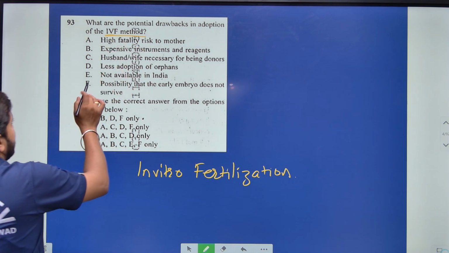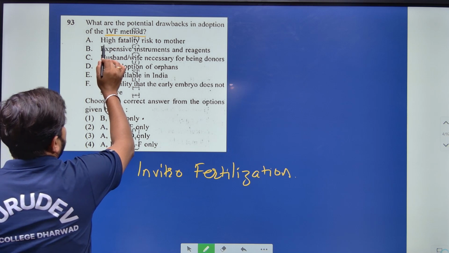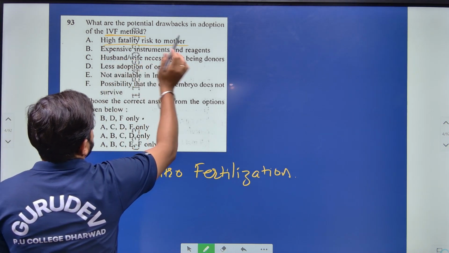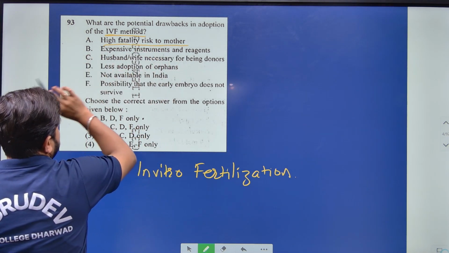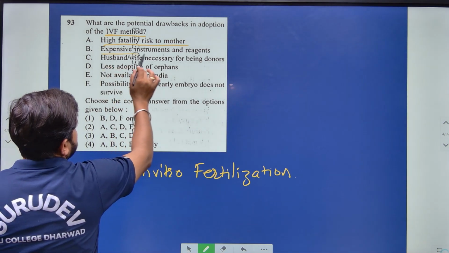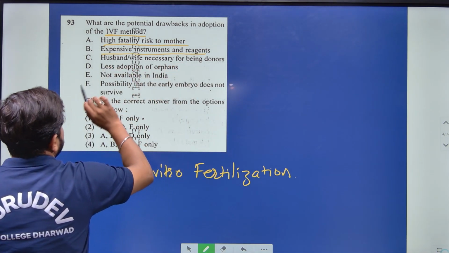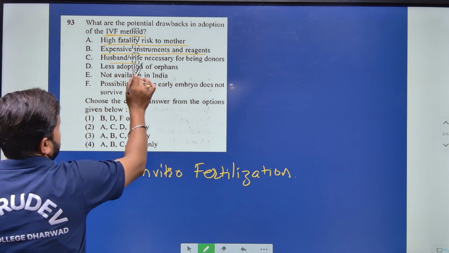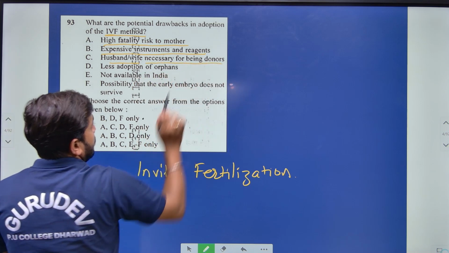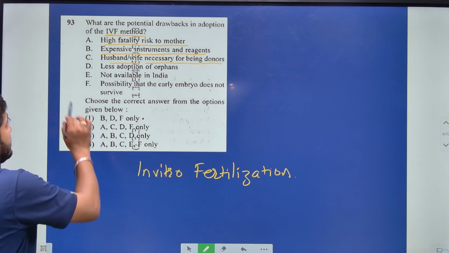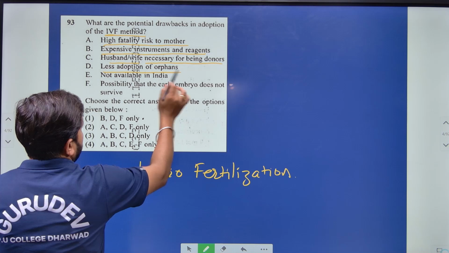If you consider here, they are saying a highly fatality risk to the mother, that is option A. Then B says expensive instruments and reagents. Then C says husband or wife necessary for being donors, right? Then D says less adoption of orphans.